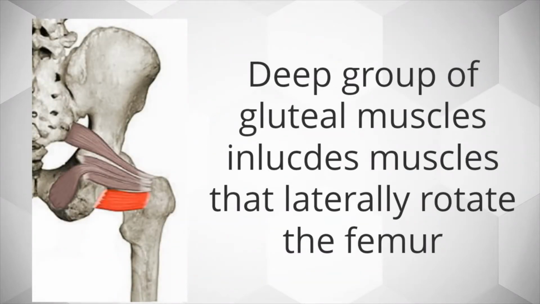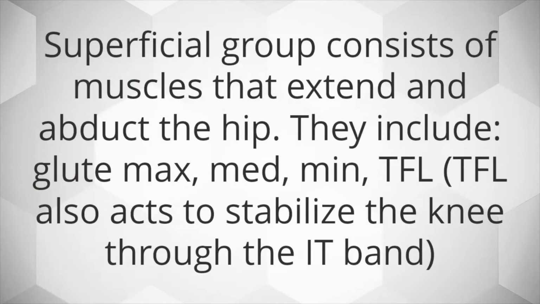The deep group includes muscles that can laterally rotate the femur in relation to the pelvic bone. The superficial group consists of muscles that extend and abduct the hip. They include gluteus maximus, gluteus medius, gluteus minimus, and tensor fascia lata. The TFL muscle also acts to stabilize the knee through the use of the IT band.